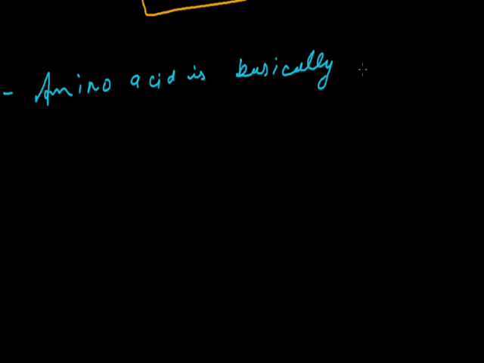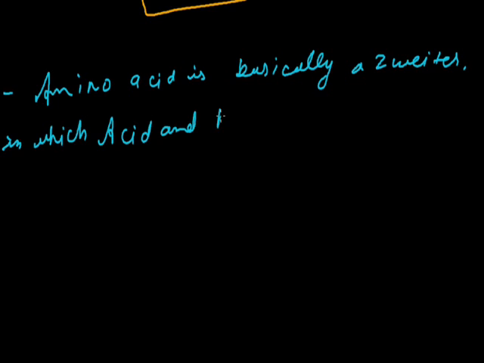Amino acid basically works like a zwitterion. Amino acid is basically a zwitterion, in which acid and base both are present.